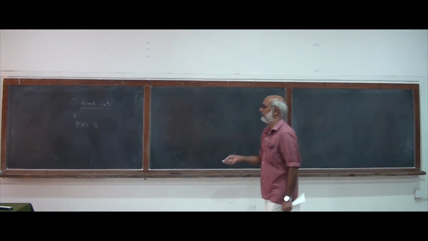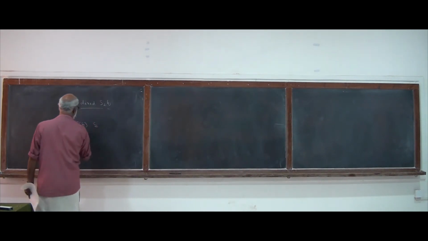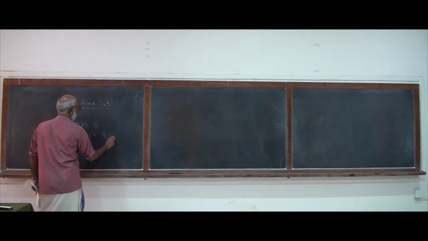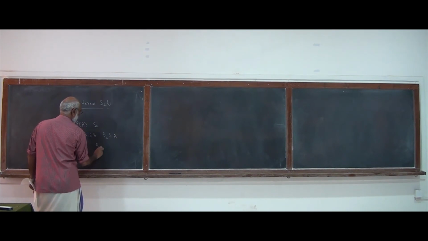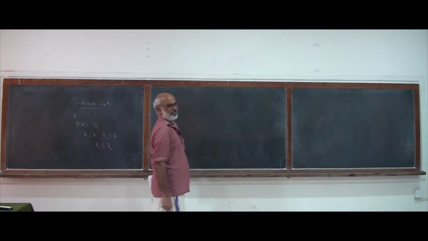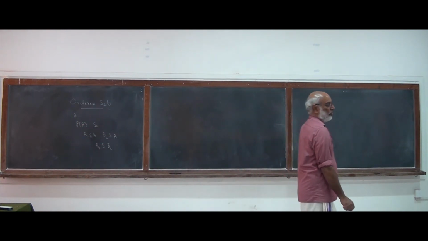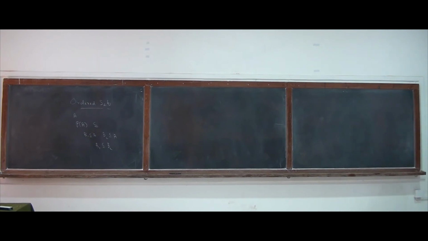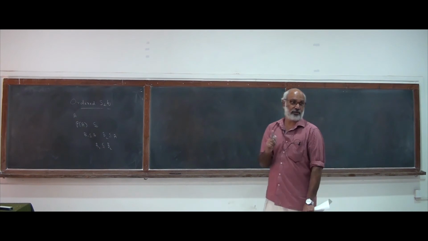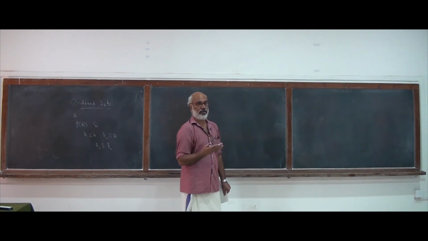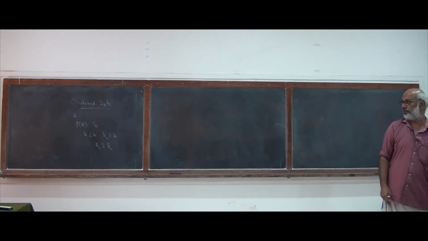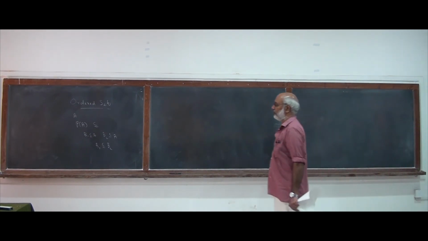So given any two subsets, say B1 and B2, B1 is a subset of A and B2 is a subset of A, we can ask whether B1 is a subset of B2 or not. Or to take another example, you can take the set of all real numbers. Given two numbers x and y, we can ask whether x is less than or equal to y or not. So these are examples of ordered sets.